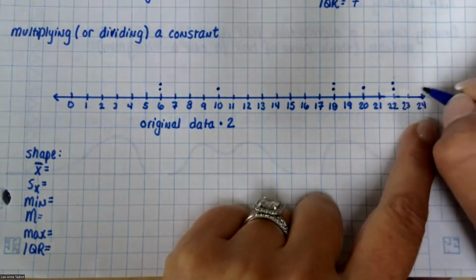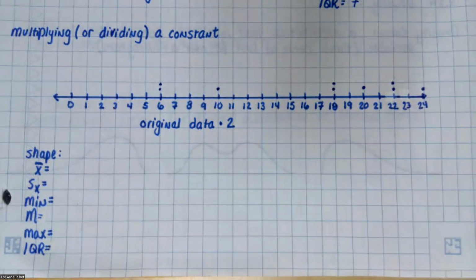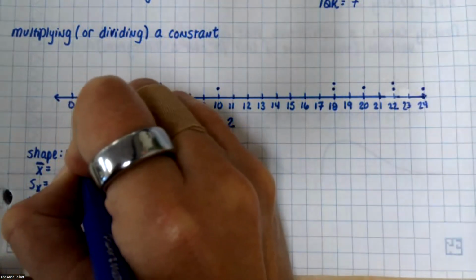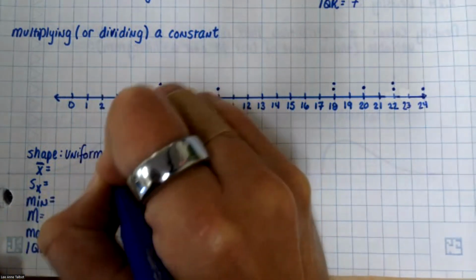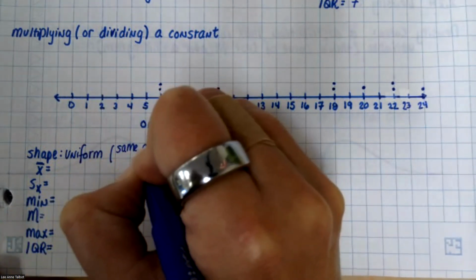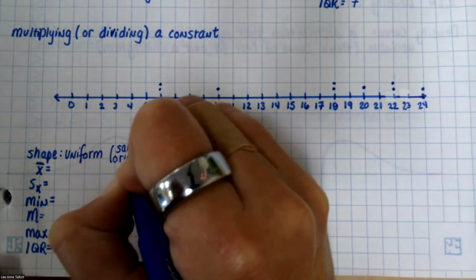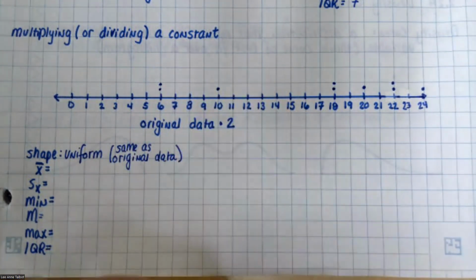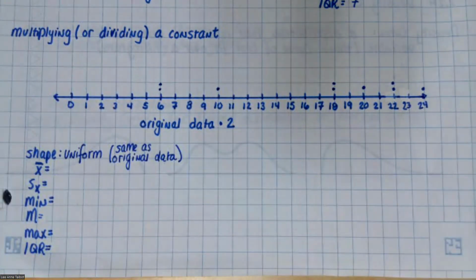And then I had 1 12, which would be 1 24. Okay, shape is uniform. Go ahead and go in the calculator. Type these guys in and fill it out. And then I'm going to see if I can guess what they are first.